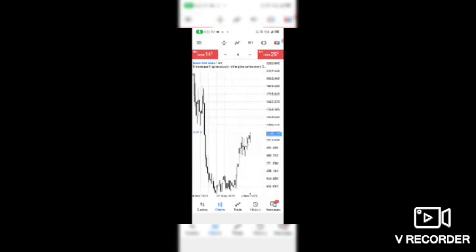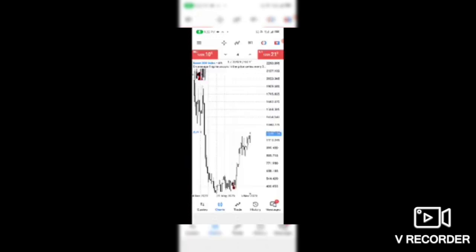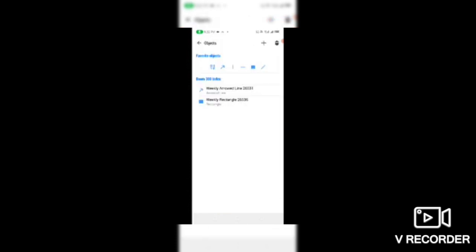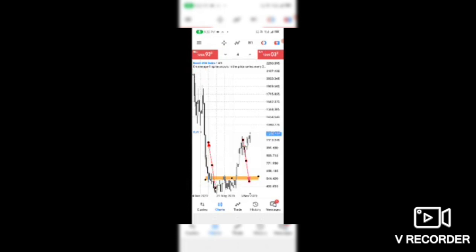Okay, right now we have this movement that broke this level. It broke here, so there is a break of structure. But the funny thing is, there was a retracement here. Why is it that this retracement could not reach here? Why did price manage to trade above this strong resistance?